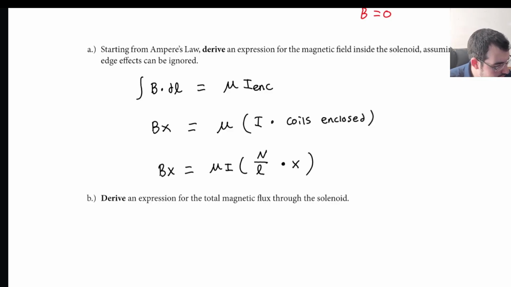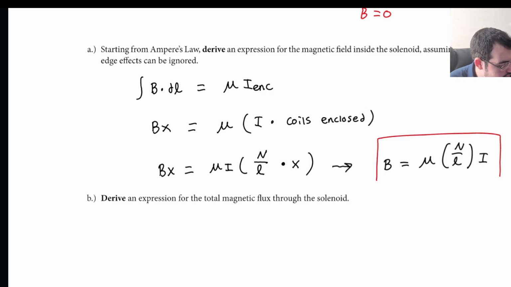And we see that, as expected, my magic X that shouldn't have physical significance actually cancels. So I get the expected B field result of mu times the fraction n divided by L times I. And this is our known result of B from a solenoid. It's just always good to review.